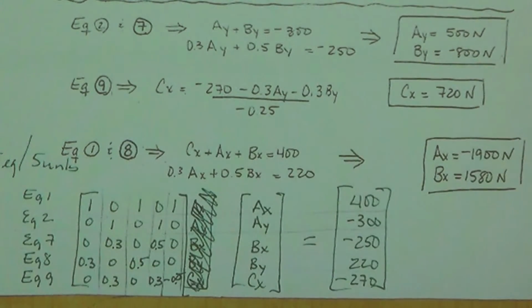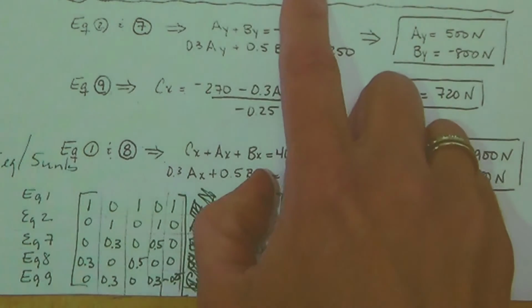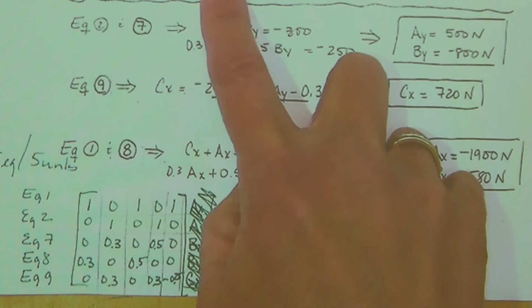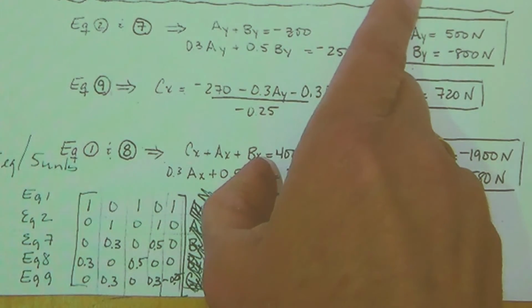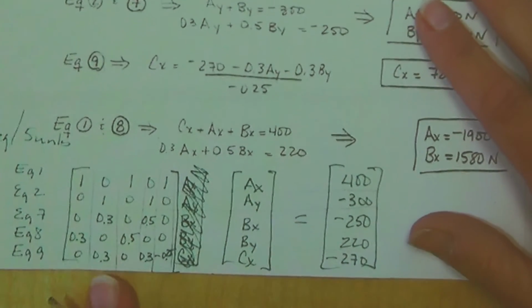That's a negative. What's the last one? So it says negative 0.25, because look right here. It's 0.3 times AY, 0.3 times BY minus 0.25 times CX. So everybody understands how I'm writing it, right?